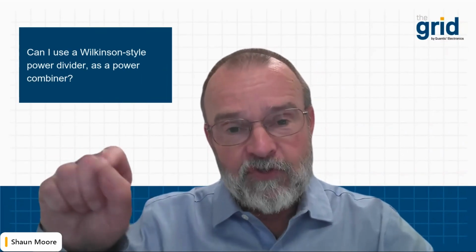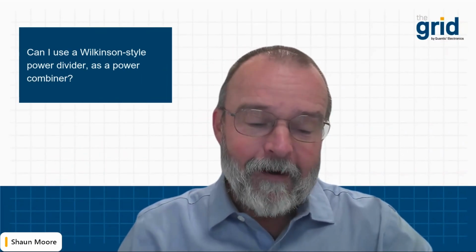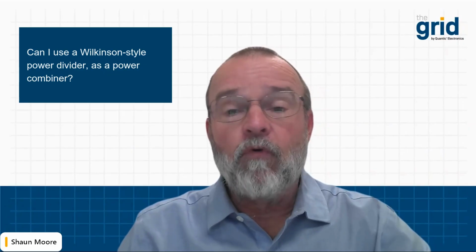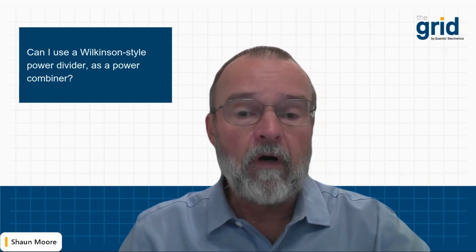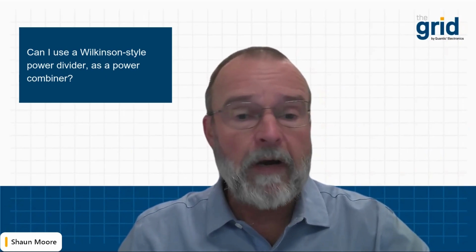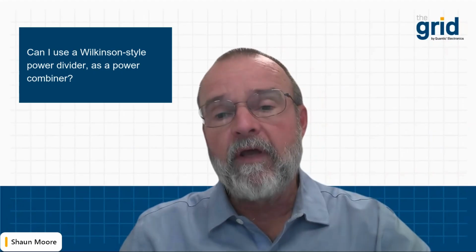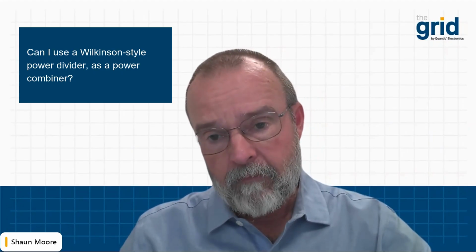Talking about different styles of combiners, can you use a Wilkinson style power divider as a combiner? Yes, you can. There are a lot of caveats and a little asterisk next to that. It will work for low power devices. The one drawback of using a Wilkinson style power divider as a power combiner is that the power rating drops dramatically.